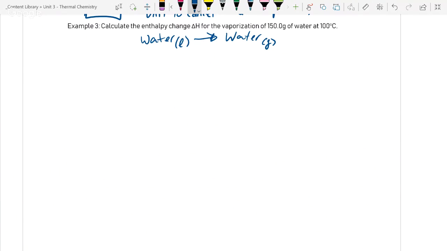Do we put water in, or do we put energy in, or does energy come out? Yeah, we have to put energy in. And so is this one going to be a positive or a negative delta H? Positive. Is it exothermic or endothermic? Endothermic.